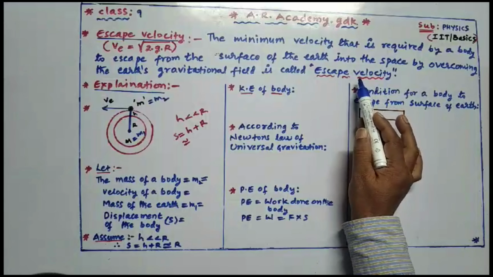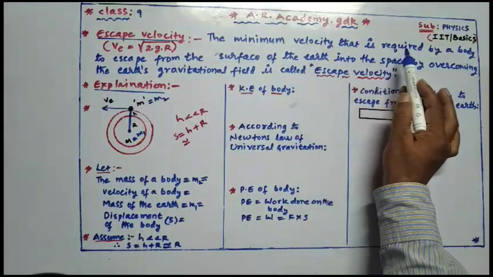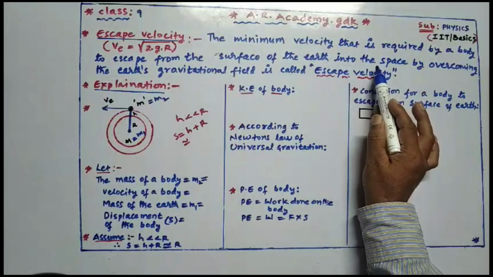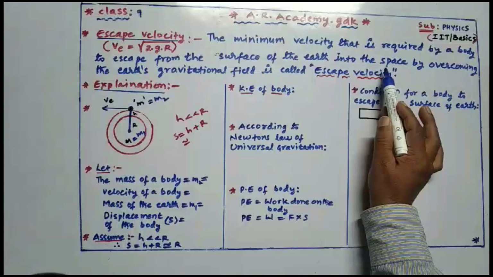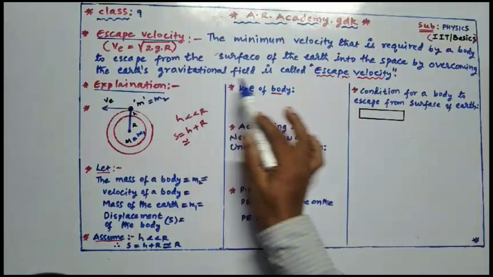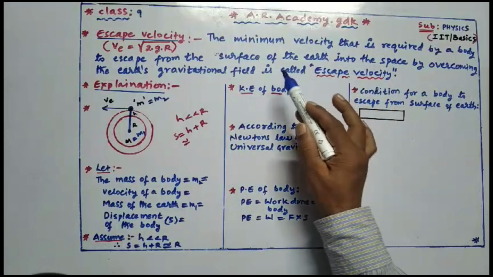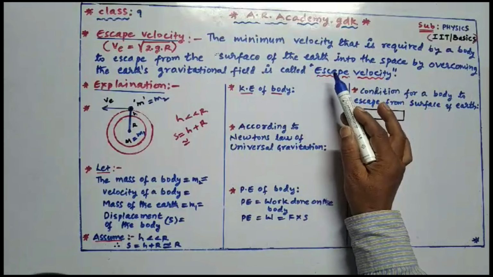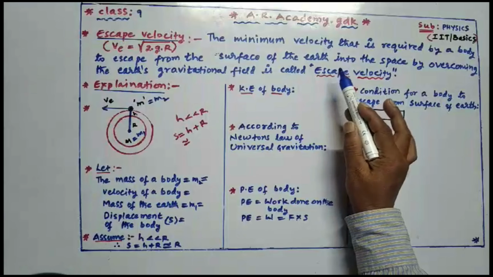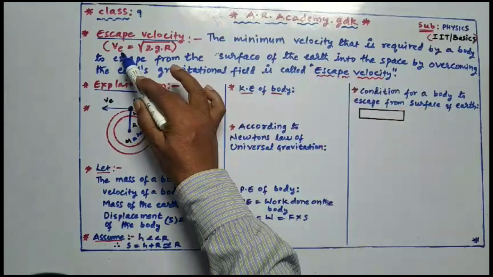Escape velocity means how much velocity is required for a body to escape from the surface of Earth when you throw it upwards into space. So, by overcoming the gravitational force of the Earth, it has to go upwards into space. Understand, children? That much velocity required is called escape velocity. It is denoted by VE.